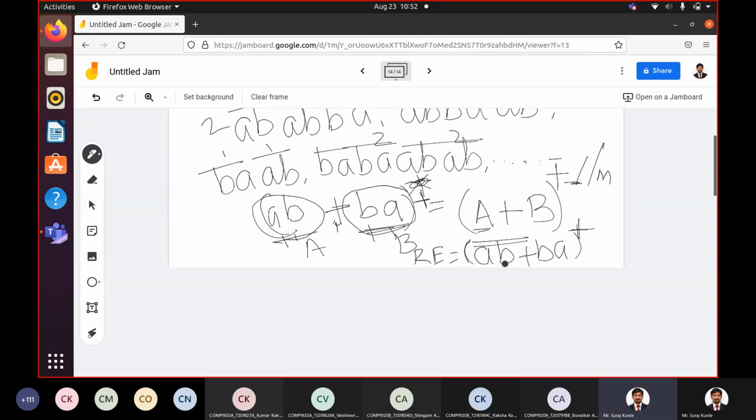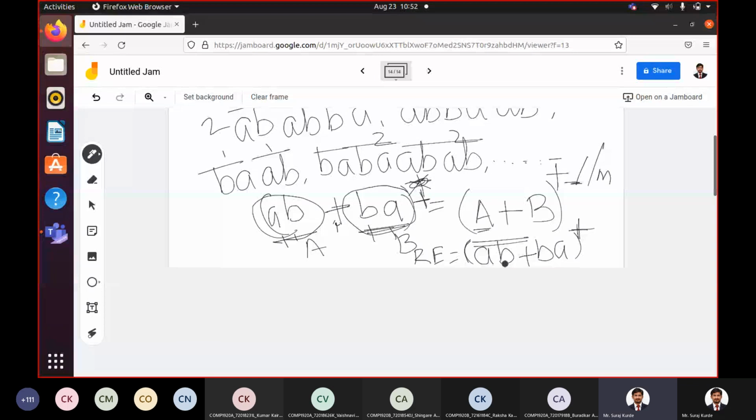I hope it's clear how it is working and how to identify the regular expression. These are simple examples which I have considered today. Tomorrow we will see some different questions where the combination is there for different types of strings and some more conditions are there.